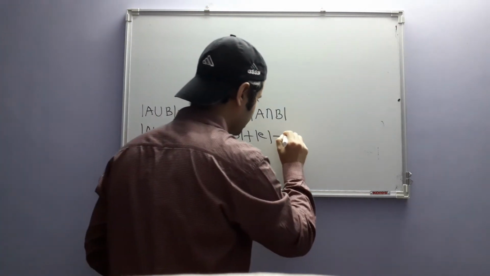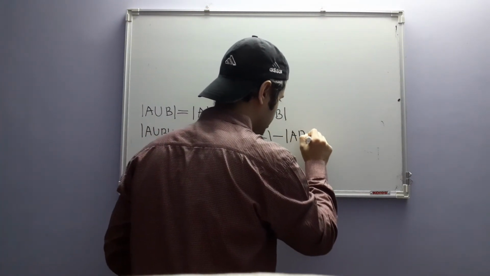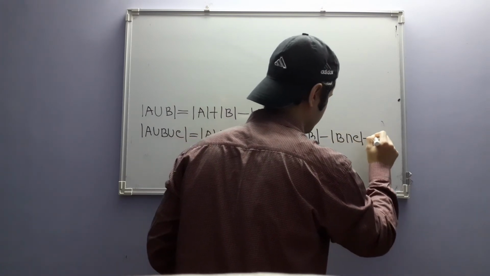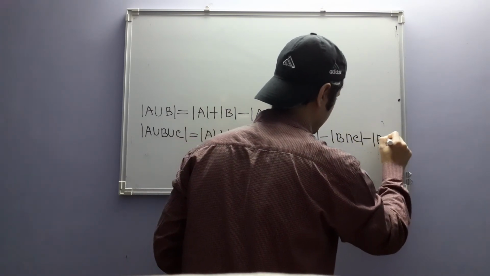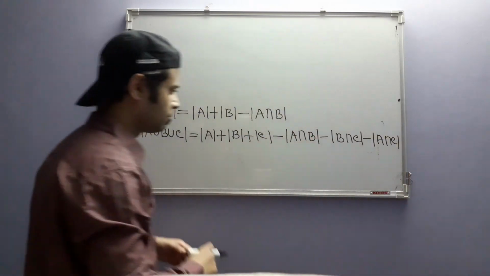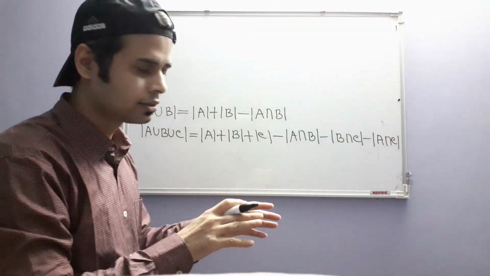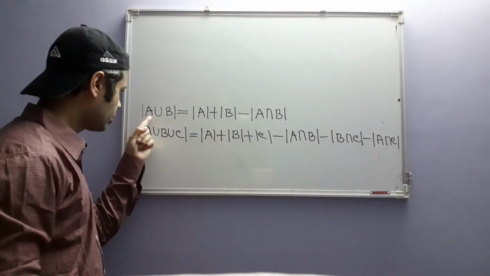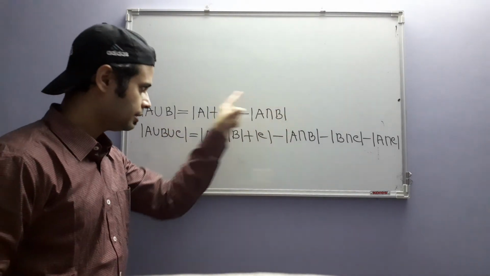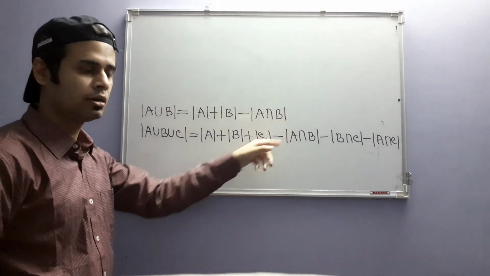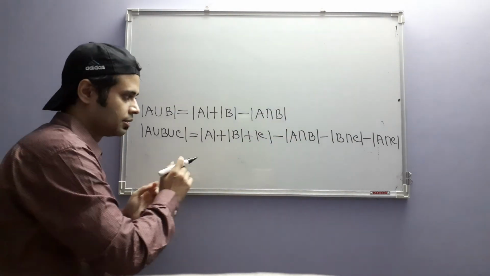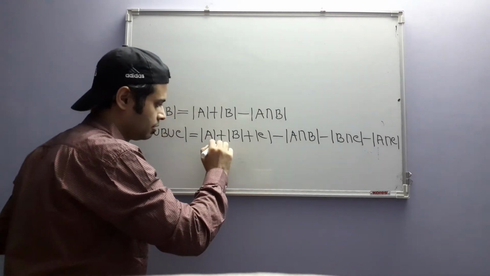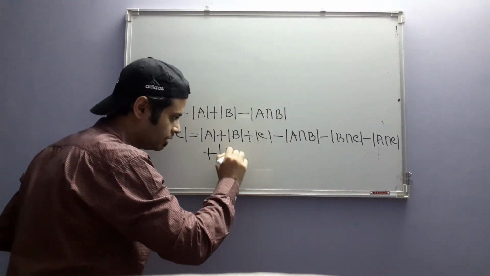So I write minus A intersection B minus B intersection C minus cardinality of A intersection C. Now once you have written that, after that 3 sets come. Since we don't have 3 sets here, in this case the formula ends here, but here we have 3 sets. So plus, minus, then again plus. You take intersection of 3 sets.